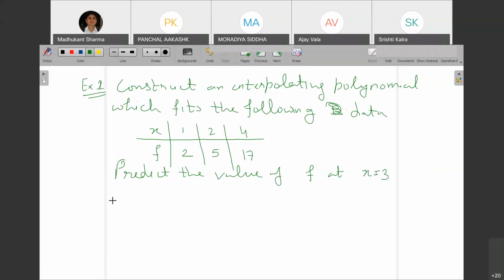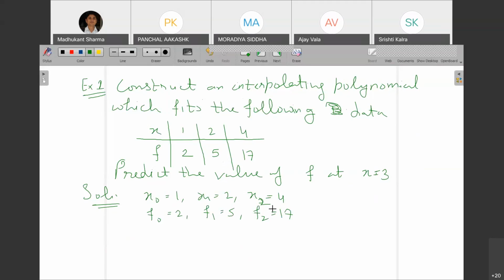So if I wish to go for it, from the table x naught value is 1, x1 value is 2, x2 value is 4, and the corresponding values are f naught is 2, f1 is 5, and f2 is 17. These you can derive from the table.